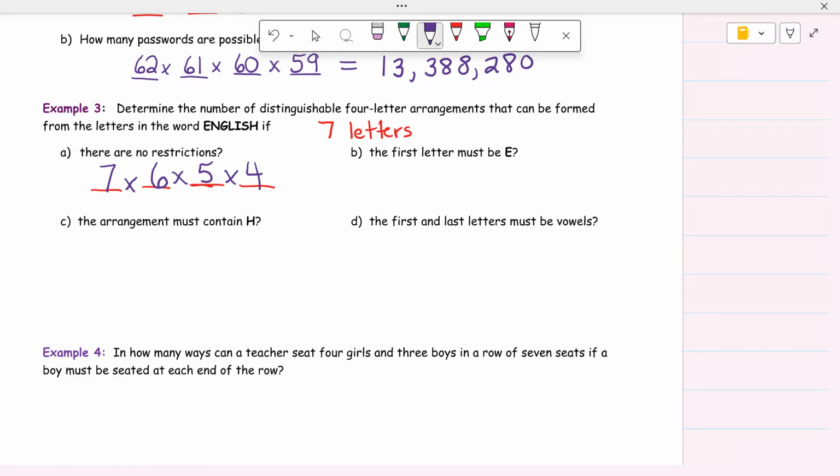Because you're actually putting tiles. So a letter is getting in the position as soon as you go to that position. 1 gets left behind because you can't put 2 tiles in 1 position. Okay? Unless they say the E and the I have to be together. But we'll talk about that in a minute. But here, does it give me any other restrictions other than 4-letter arrangement?